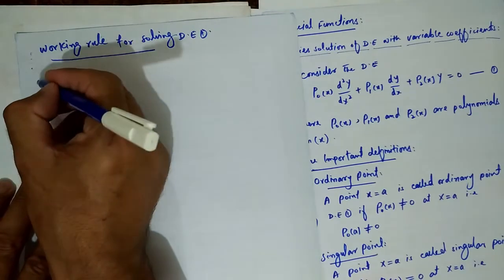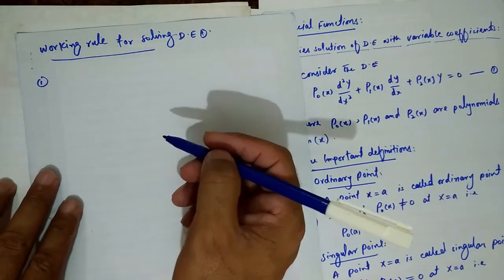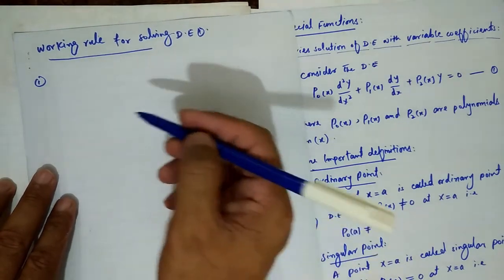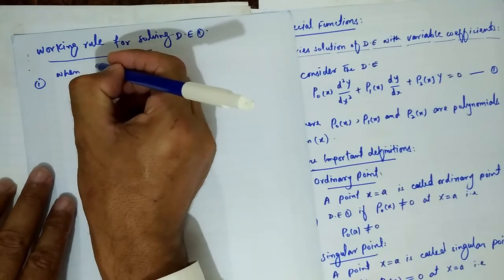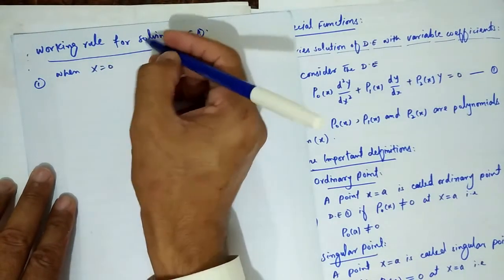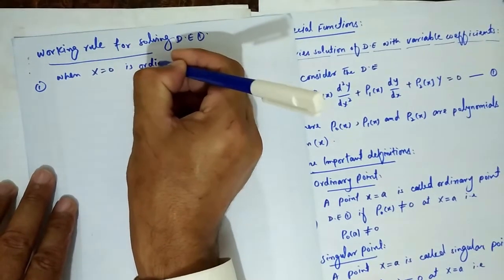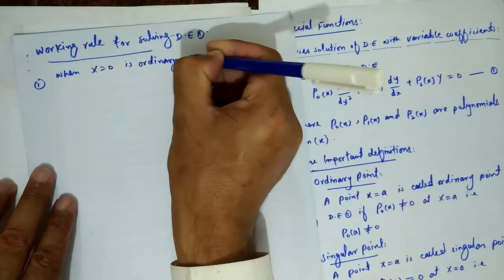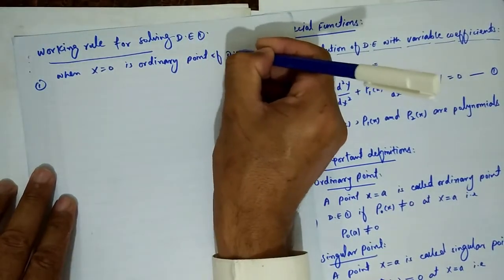In the first step, when x equals to 0 is an ordinary point of differential equation 1.